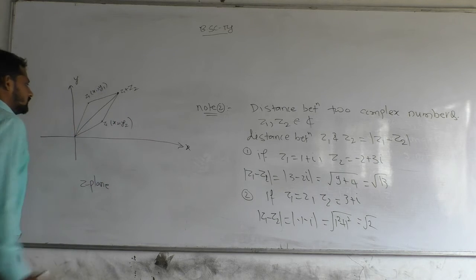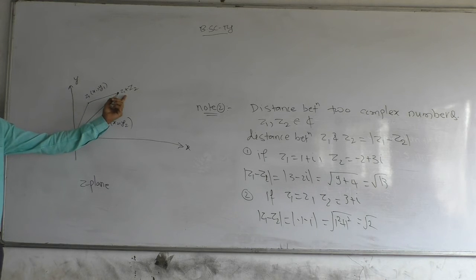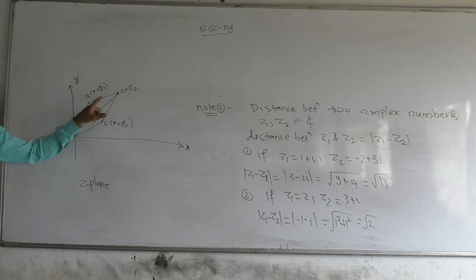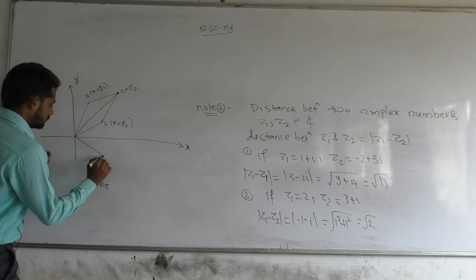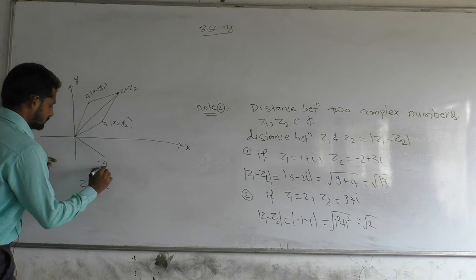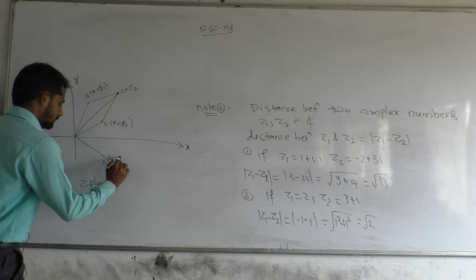Keep in mind this: if z1 is this, z2 is this, then the addition z1 plus z2 is this point. Now this may be minus z1, that is x comma minus y1.